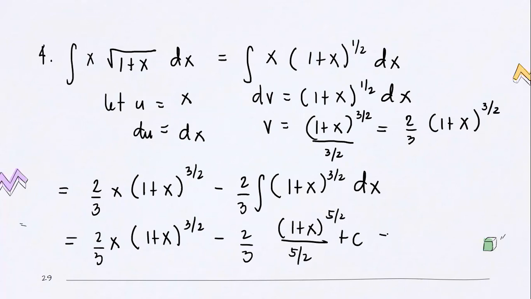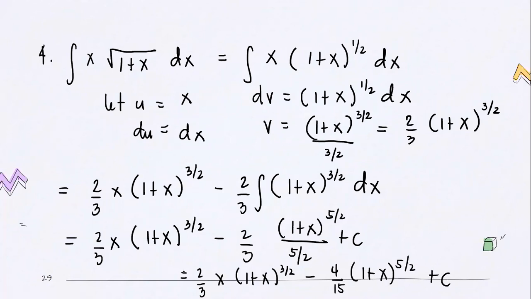Simplify, therefore this one is equal to 2/3 x times 1 plus x raised to 3 halves minus 4 over 15 times 1 plus x raised to 5 halves plus c.